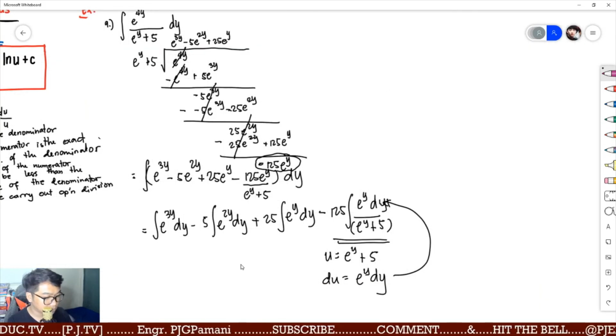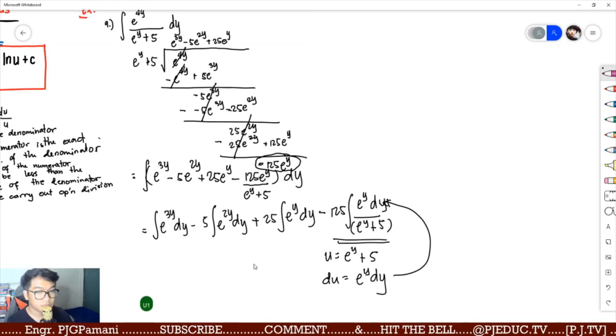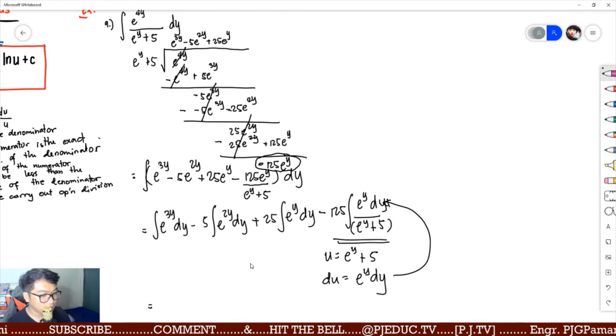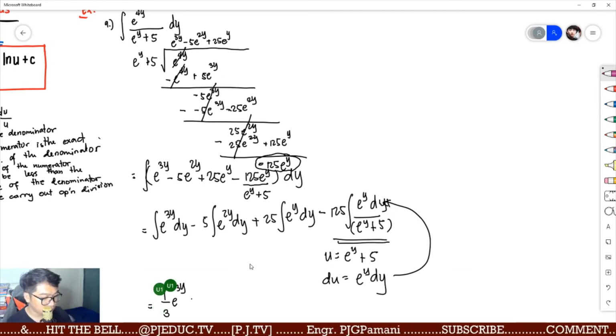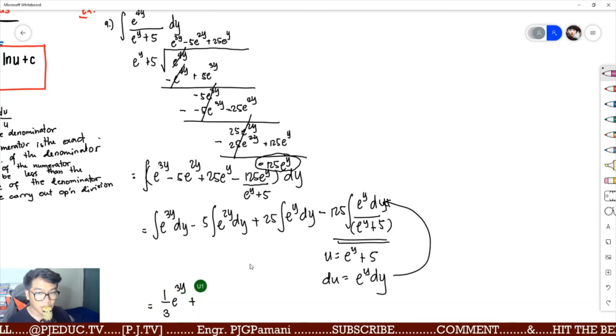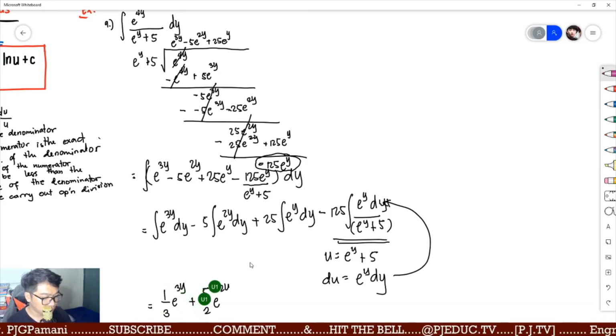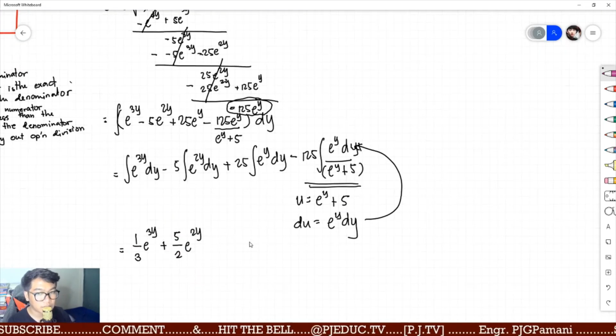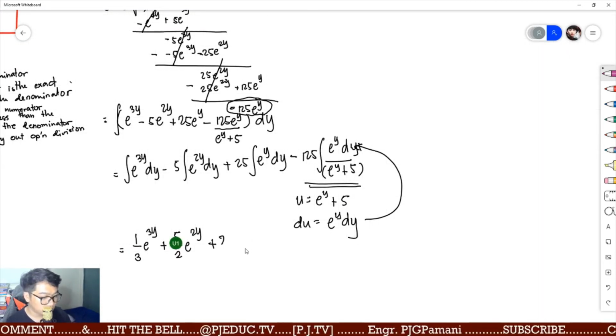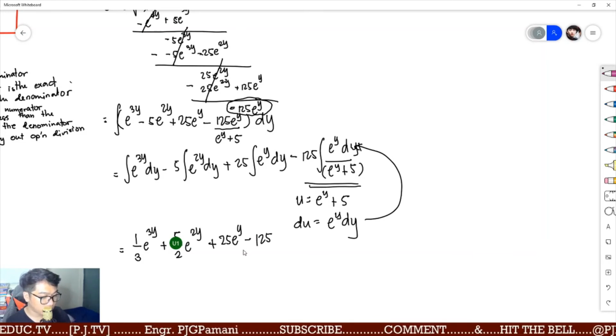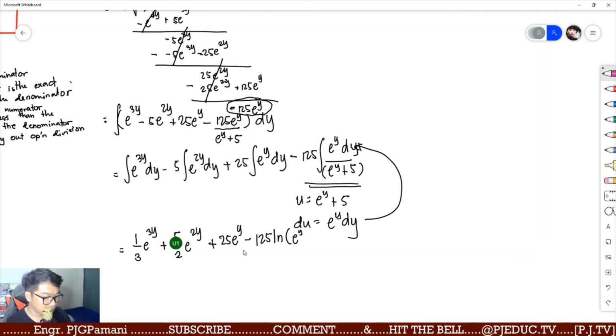Okay? Simplify. Integral of e raised to 3y dy, that is now 1/3 e raised to 3y plus integral of e raised to 2y is 5 over 2 e raised to 2y. 1/2 yun na, multiply lang natin sa constant na 5. Plus 25e raised to y minus 125 ln of e raised to y plus 5 plus c.